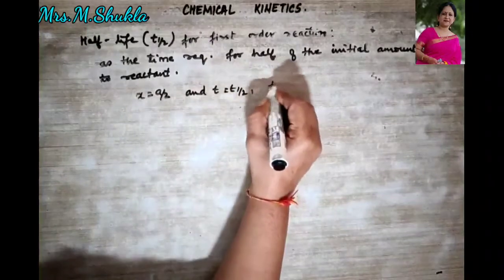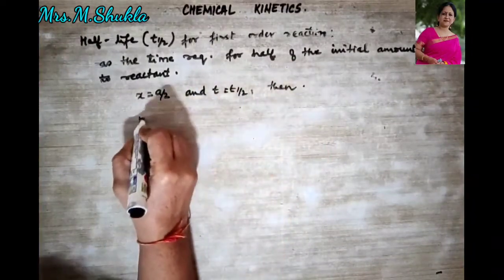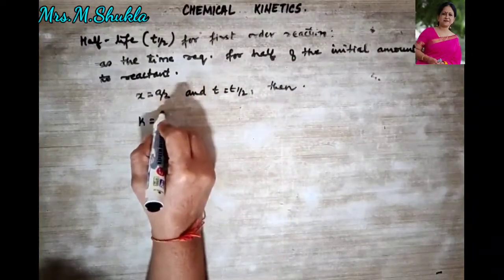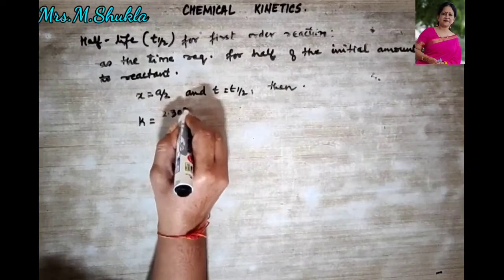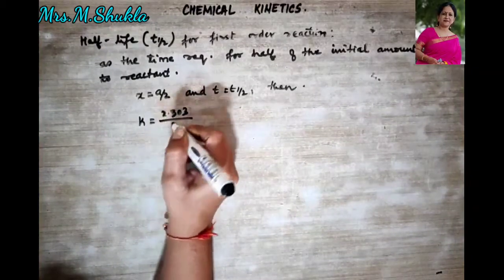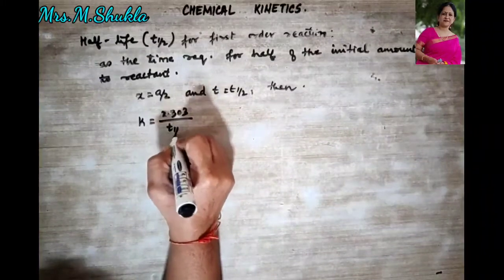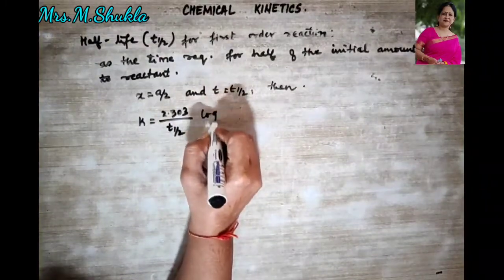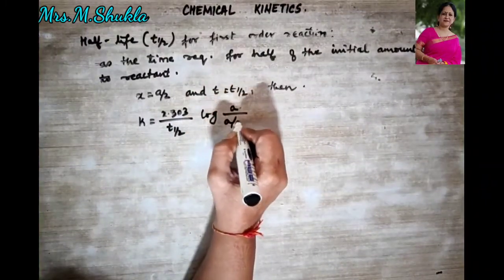So when X is equal to A by 2 and the time is equal to T1 by 2, then what do we see? K, the rate constant, is equal to 2.303 upon T1 by 2 log A upon A by 2.